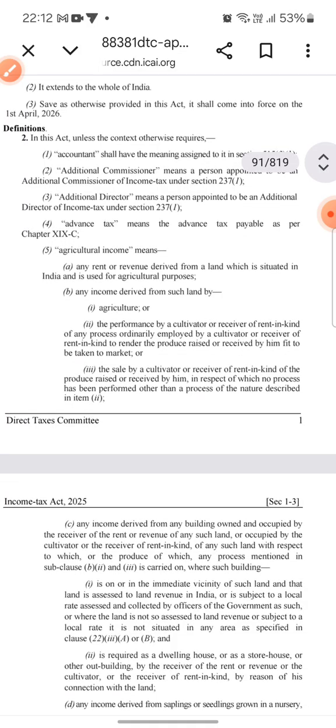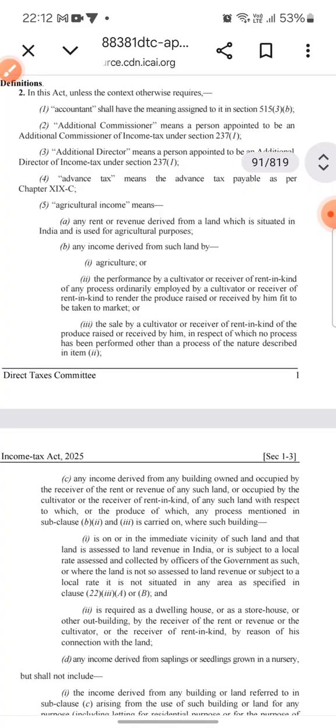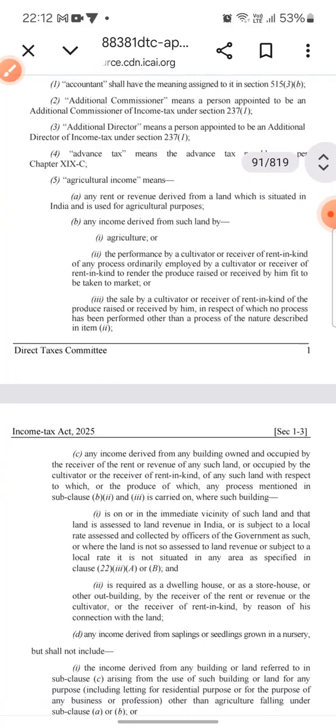Agriculture income means any rent or revenue derived from land which is situated in India and used for agricultural purposes. Any income derived from such land by agriculture, performed by the cultivator or receiver of rent in kind, of any process ordinarily employed by the cultivator or receiver of the rent in kind to render the produce raised or received by him fit to be taken to the market.